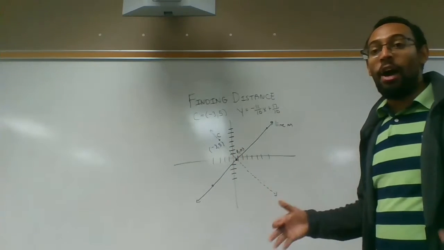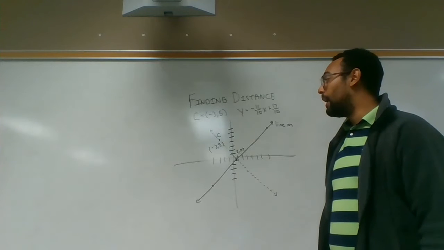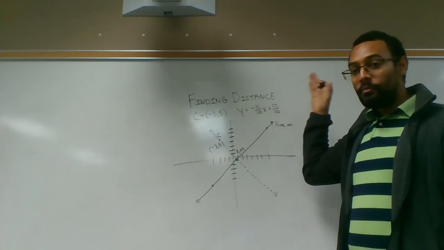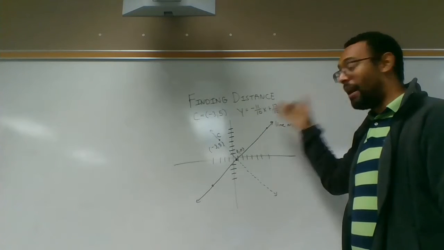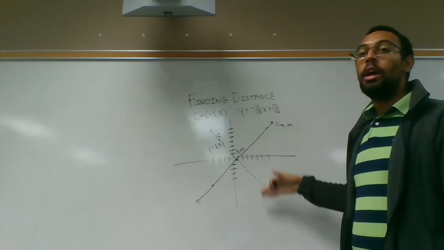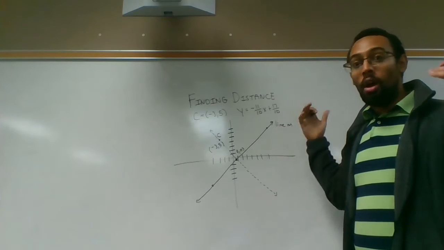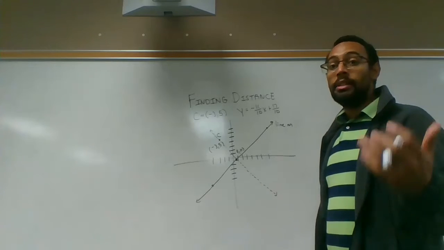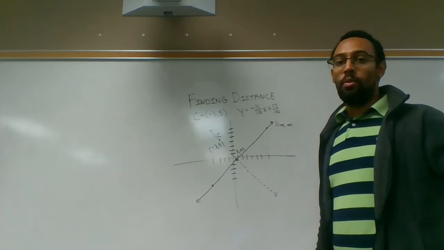Okay, so you can see how you calculate distance. You have point C, which has coordinates. You have your intersection point with line M and your perpendicular bisector. You can find the distance using the distance formula. Now, remember, the distance formula was way back in Unit 1.